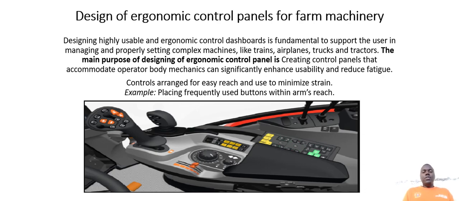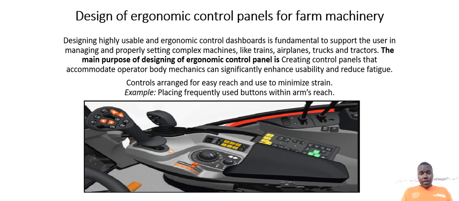The main purpose of designing ergonomic control panels is creating control panels that accommodate operator body mechanics, which can significantly enhance usability and reduce fatigue. Controls are arranged for easy reach and use to minimize strain.